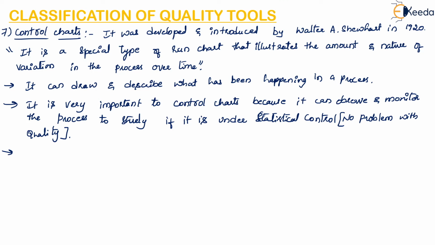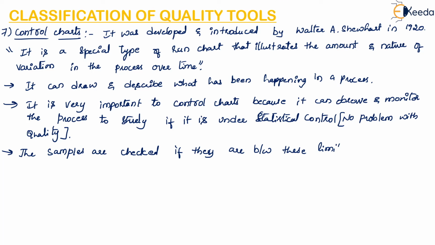These charts have two limits, and the samples are checked to see if they are between these limits, that is the UCL, the upper control limit, and the LCL, the lower control limit.